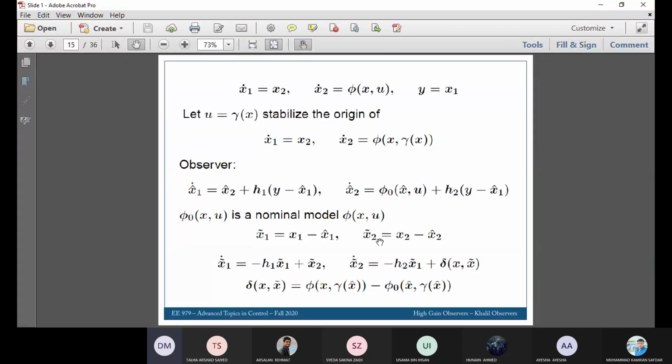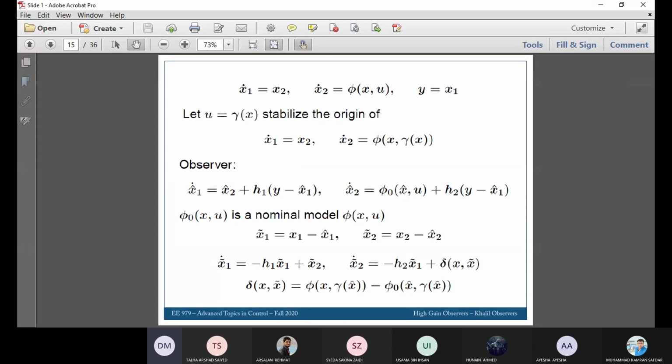So we just substitute these values in here, taking the dot. We end up with this set of equations here, where delta is the difference between phi and phi naught. Phi is the actual system, phi naught is the nominal value.